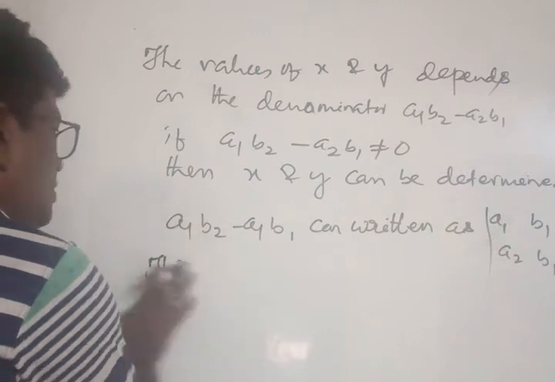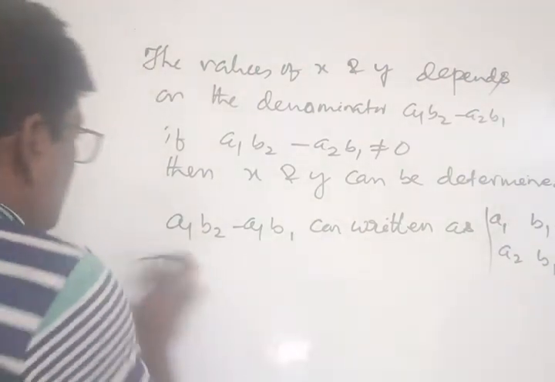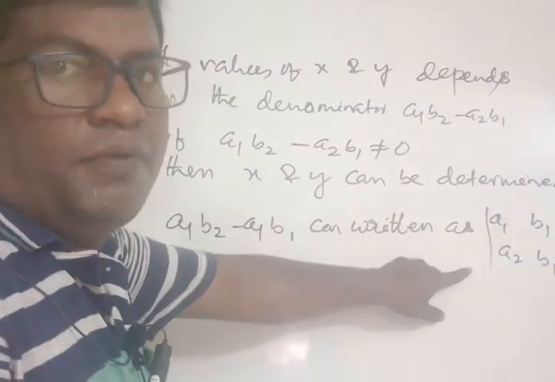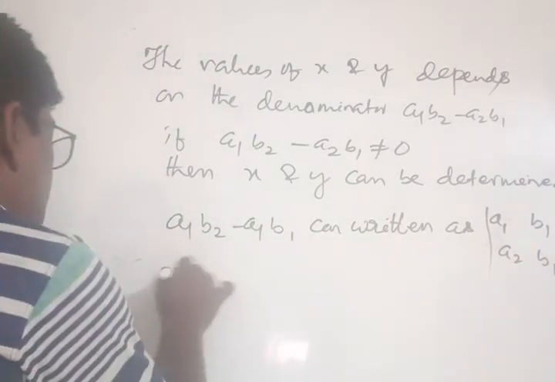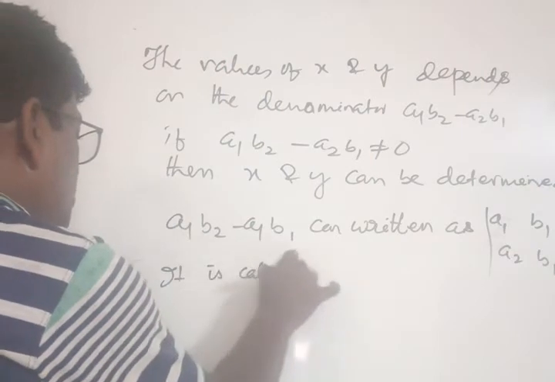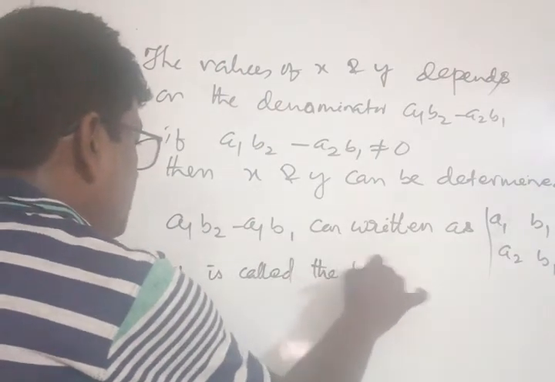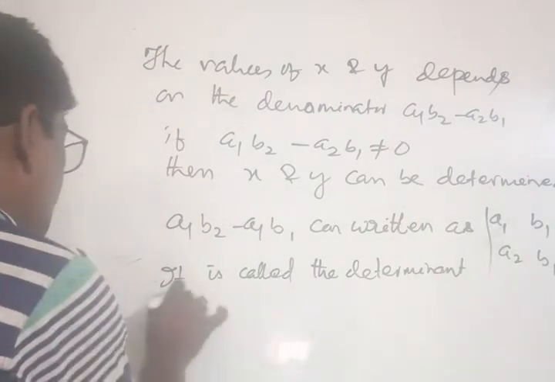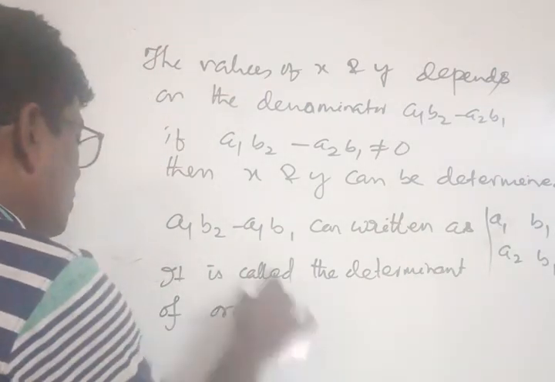Since it determines the values of the variables, it is called the determinant of order 2.